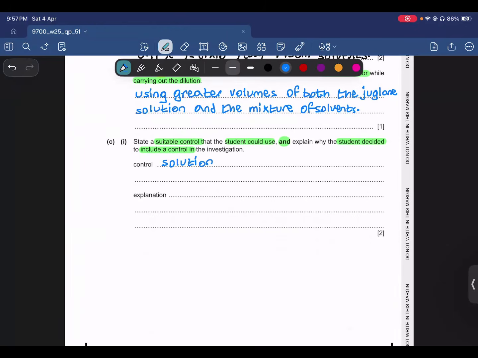बट अभी भी मेन सवाल है, कंट्रोल एक्सपेरिमेंट करा क्यों जाता है? That's part two of this question. What do you think?